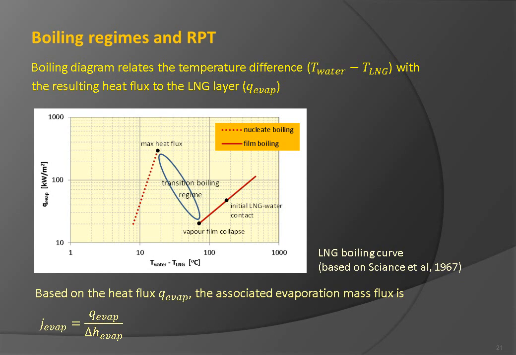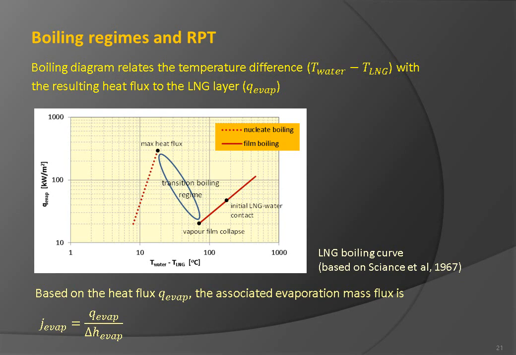Once the heat flux is calculated, the associated evaporation mass flux is obtained by simply dividing the heat flux by the LNG latent heat of evaporation. In the current analysis, an average value of 641 kilojoules per kilogram was calculated from a previous review study.